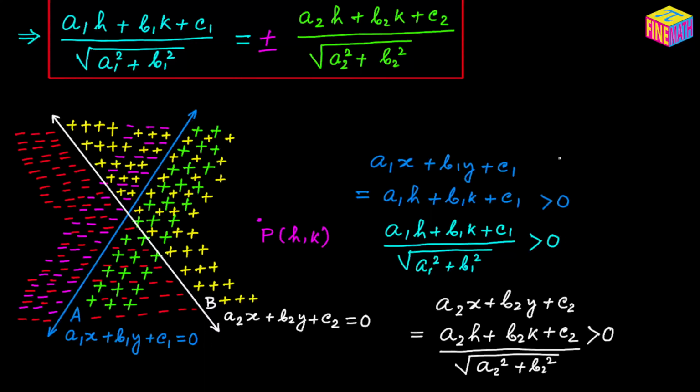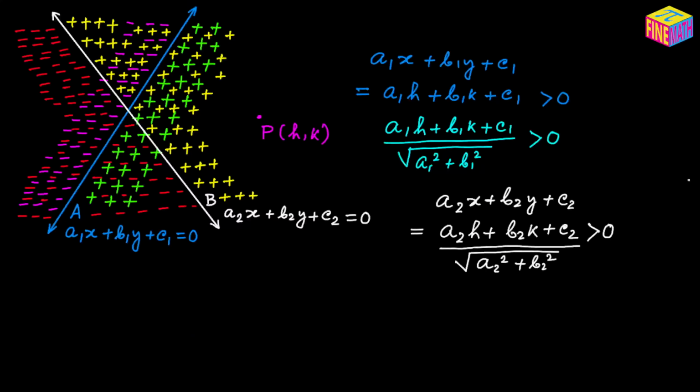And now if you think about it, if we had P in another region, say for example, P somewhere here, let's say right here. Suppose this was our point P, and let's again assume its coordinates are h, k.